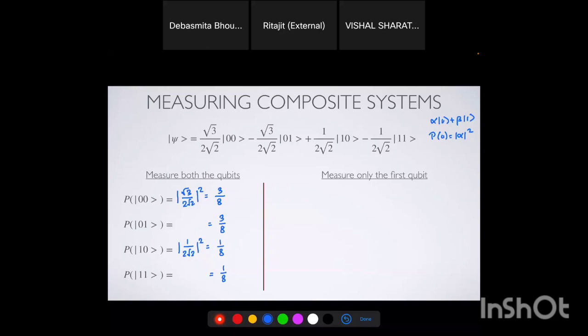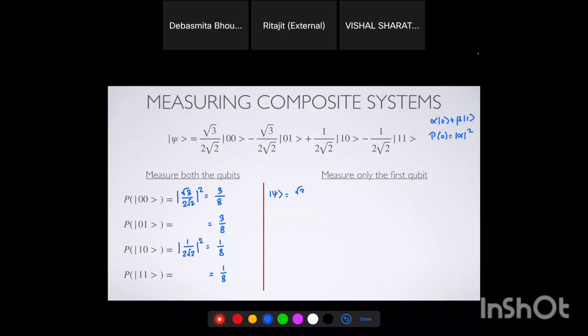And you could check that the probabilities sum to 1. But this is a 2-qubit state. I may want to measure only the first qubit. So what happens there? I need to write it down. So remember, I have written it down in a broken form, but as I said, it is a tensor product of 2 qubits. So how can I write this? Let's write it down like this.